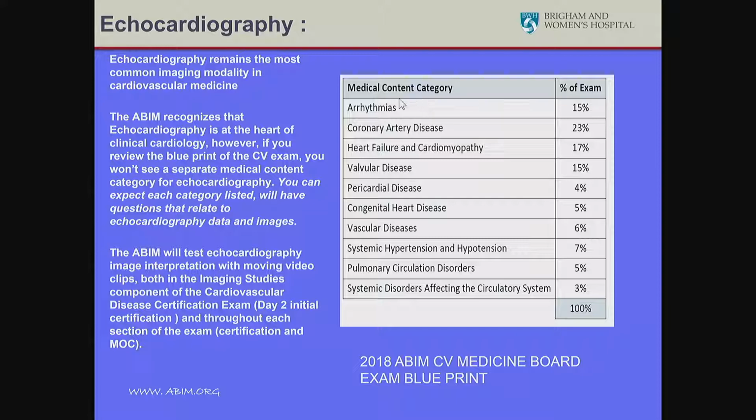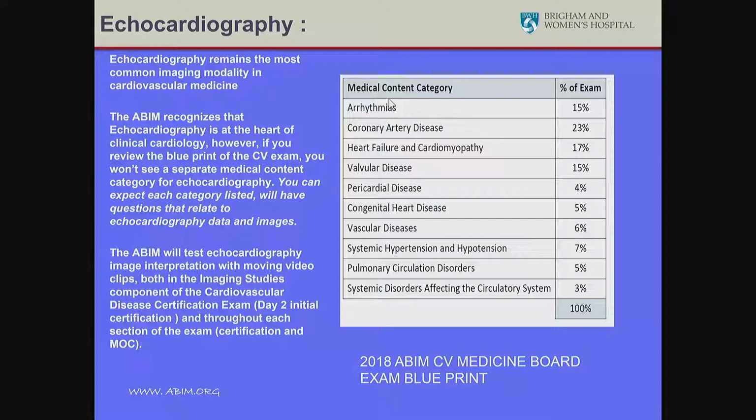So this slide just covers the 2018 ABIM Cardiovascular Medicine Board exam blueprint. And I highly encourage you to go to the ABIM website to get the latest news with regards to this blueprint.